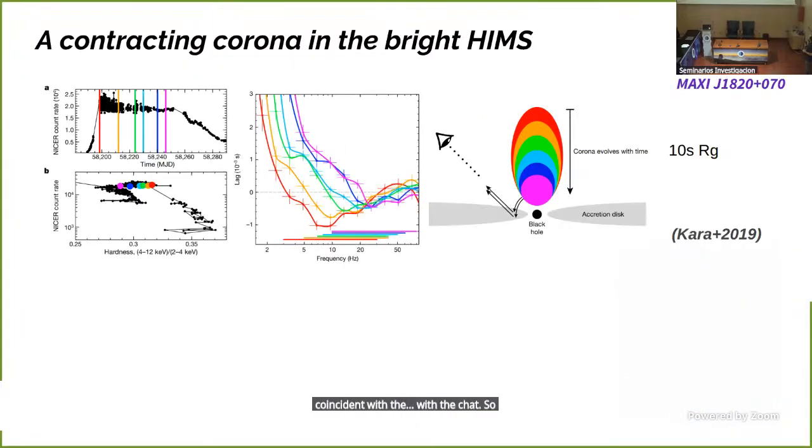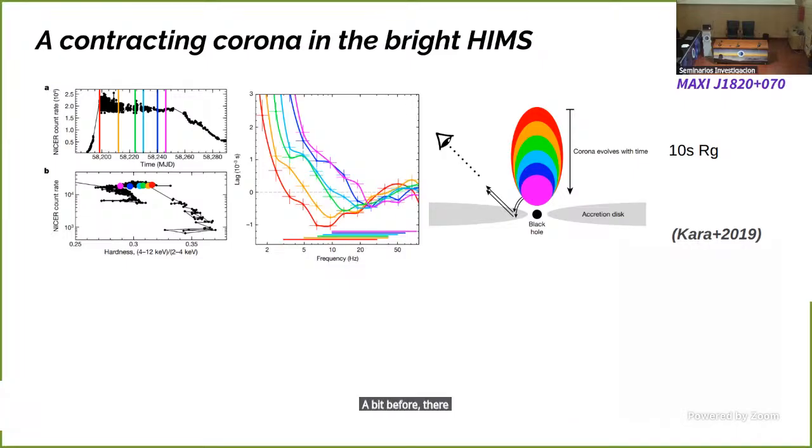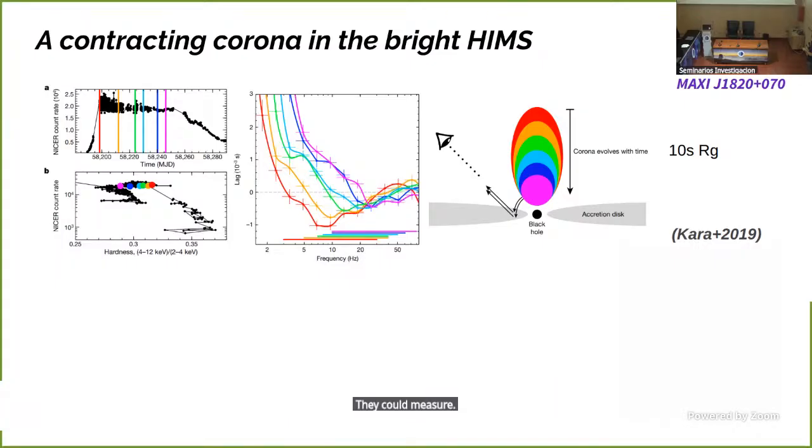So before finishing, let me put this result into context. A bit before, there was a Nature paper by Kara, where using a reverberation method, so looking at reverberation echoes from the corona on the disk, they could measure how the corona was evolving in time.